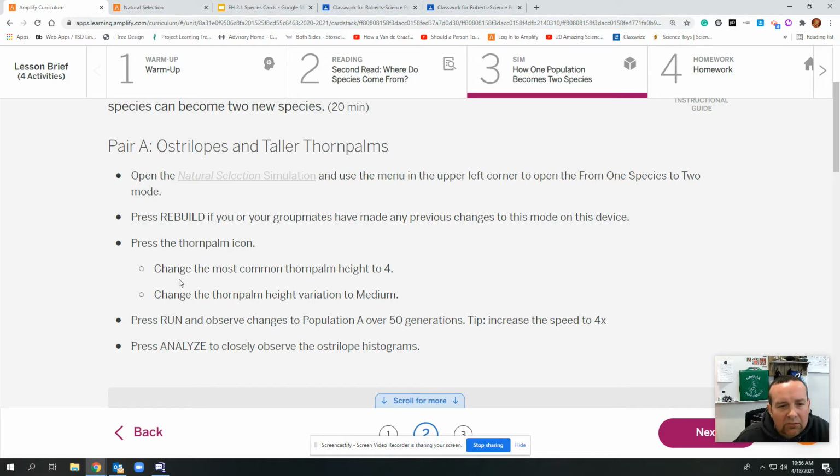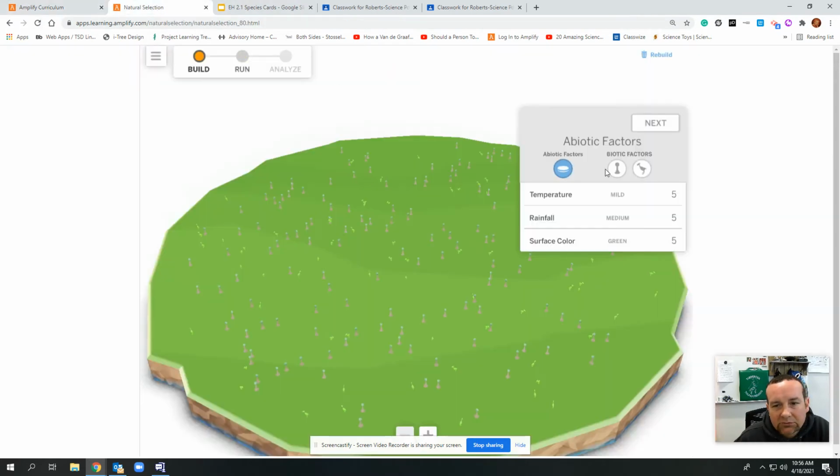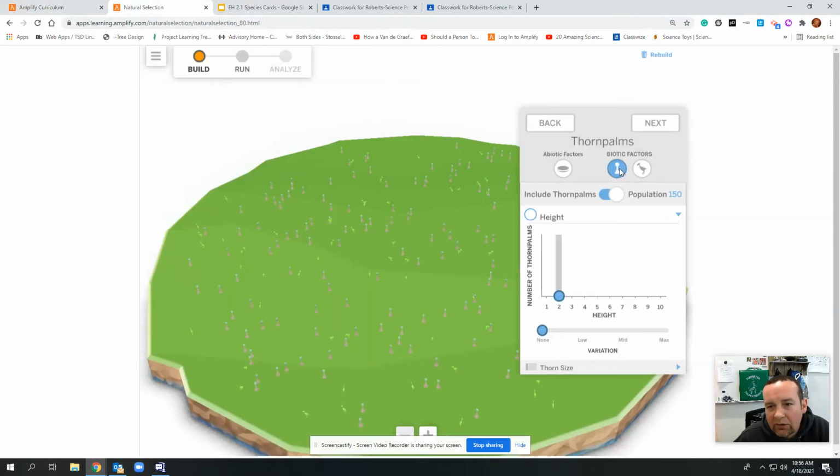Let's see. We're going to take our thorn palm icon and click that. We're going to change the most common thorn palm height to 4, and change the variation to medium. Here's our little thorn palm icon right here. Notice it was at 2.